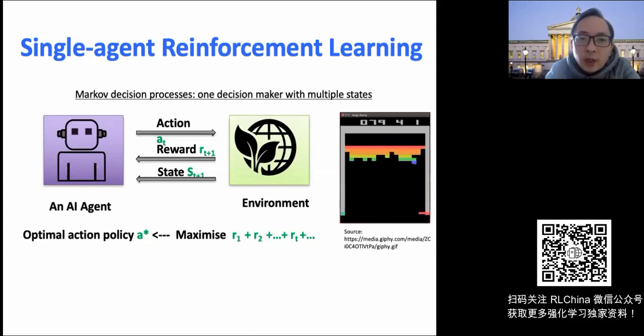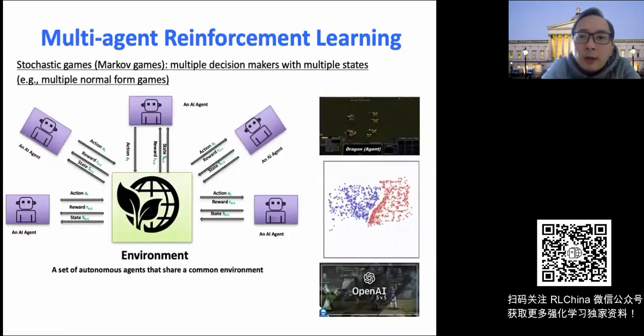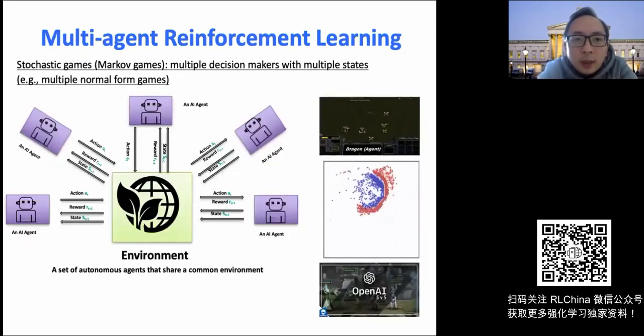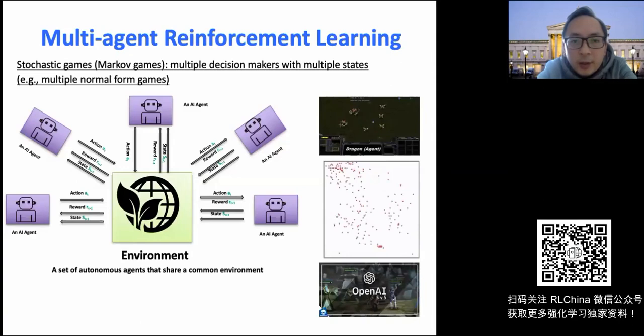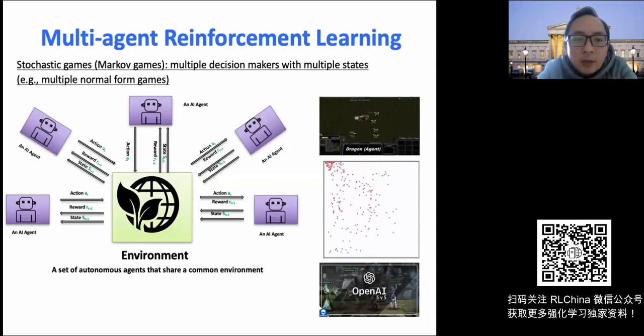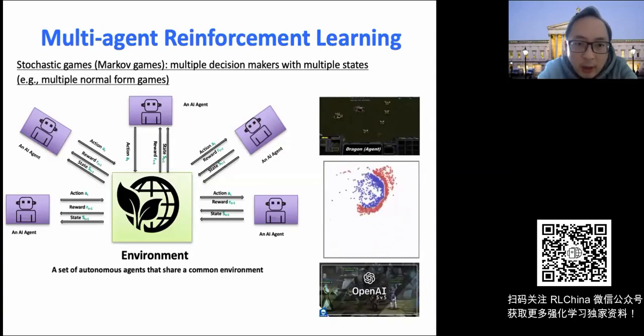So this is single agent reinforcement learning. But you do have so-called multi-agent reinforcement learning. In multi-agent reinforcement learning, the agent not only needs to interact with the environment, but also needs to take into account the actions of others and their rewards, and the environment would not only depend on your action, but also on other agents' actions.